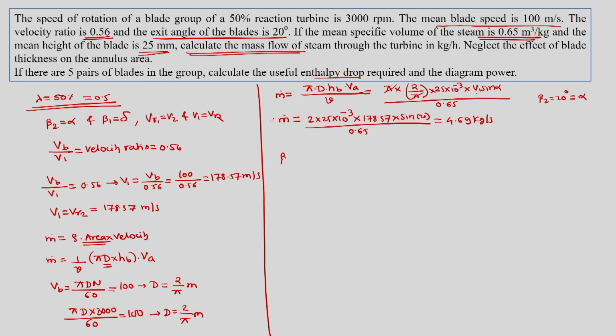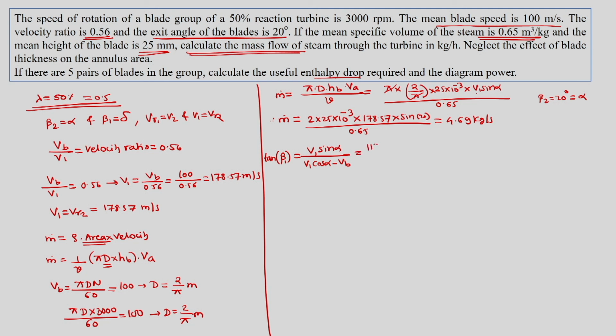Now we are going to find the enthalpy drop. For that, first find beta, since we know tan of beta 1 is equal to V1 sin alpha divided by V1 cos alpha minus Vb.